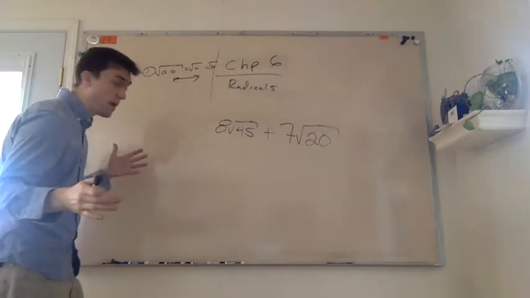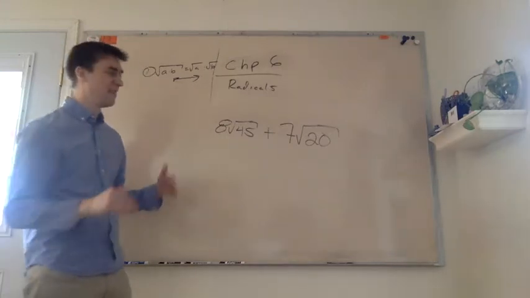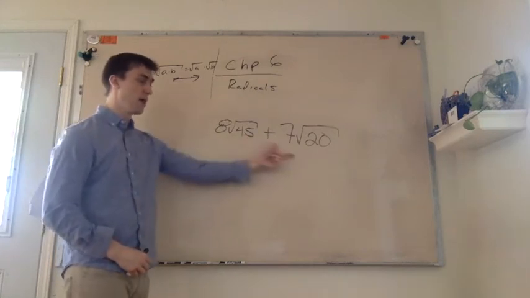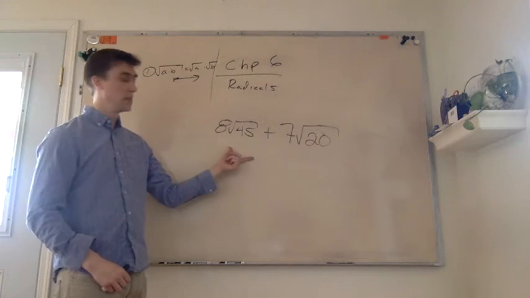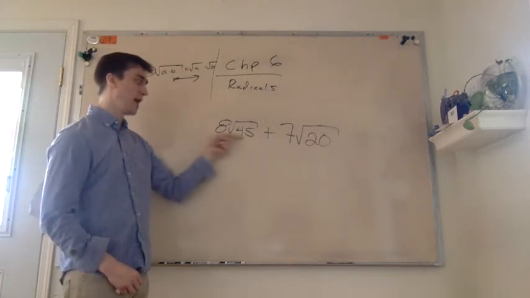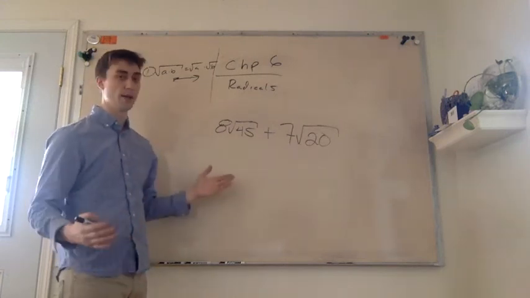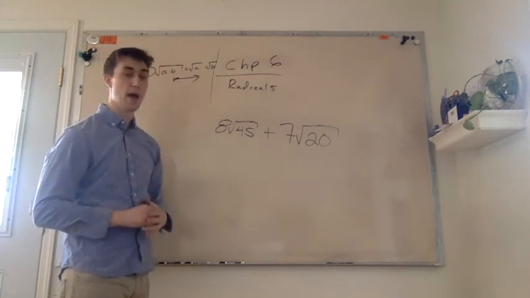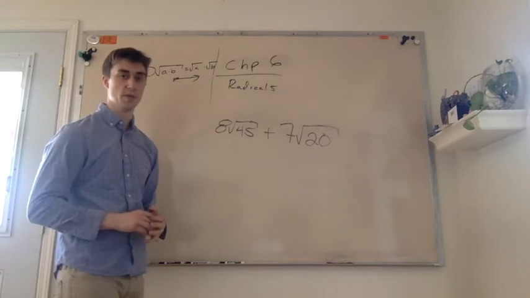So simplify all these radicals. First of all, let's just walk through the problem. So this is an addition of 2 radicals problem. In order to add radicals, they have to be the same. They're not. So the very first thing you should do is simplify every radical that you have, see if you can force them to be the same.